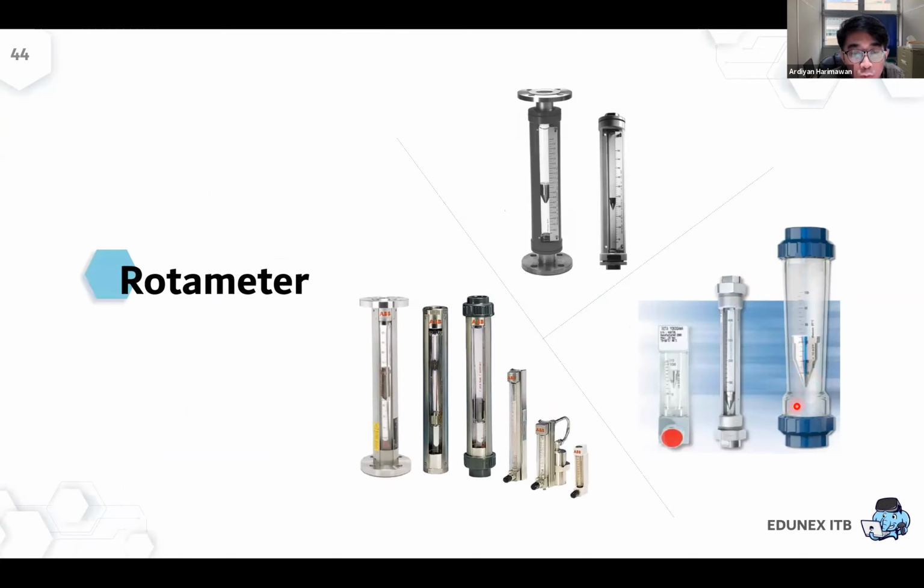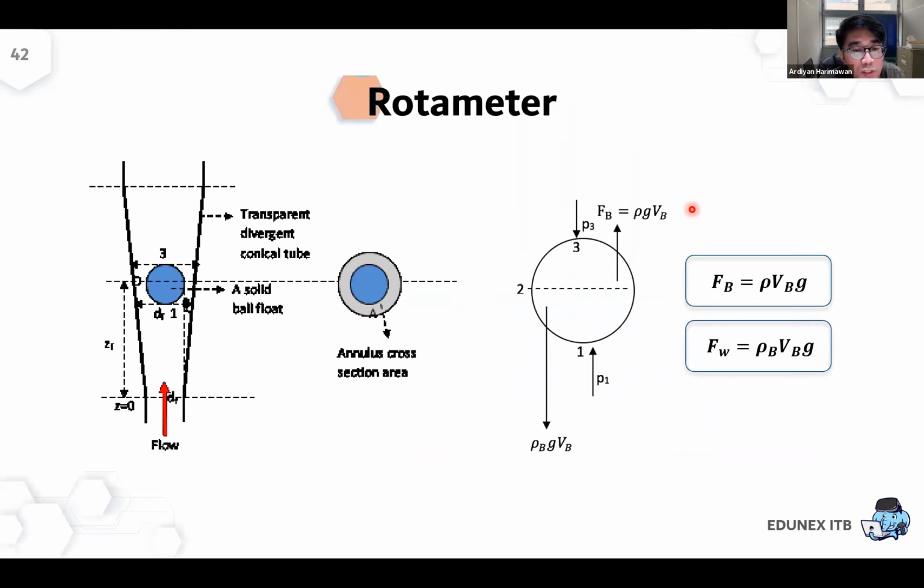For example, if you want to use this rotameter to measure the flow rate of oxygen, then you have to calibrate it with the same gas, with the same fluid. So the number that's shown by the bullets will show the exact value of the flow rate, because in the derivation of the buoyancy force, you will need the value of density.